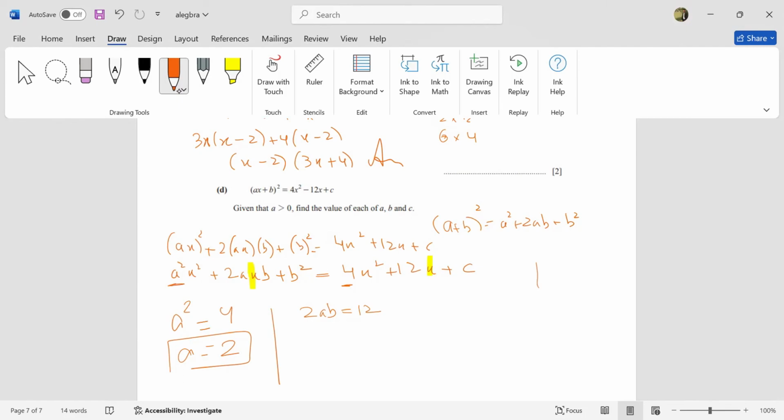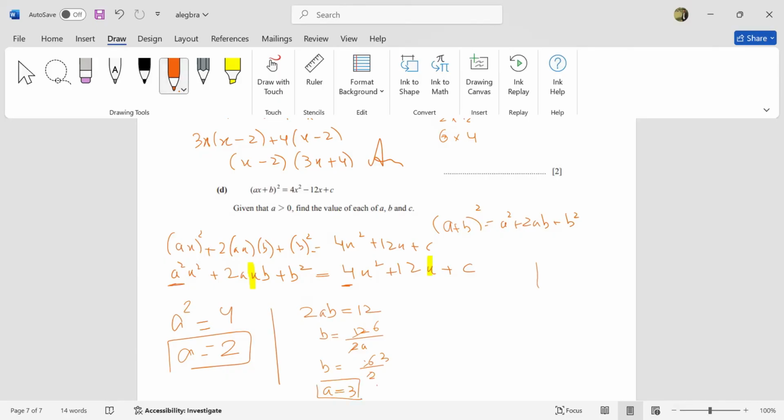Now we need to find the value of b. So b is equal to 12 upon 2a. We already have the value of a, so we can insert 2 in place of a. 2 ones are 2, 2 sixes are 12. 2 twos are 4, 2 threes are 6. It means b is equal to 3.